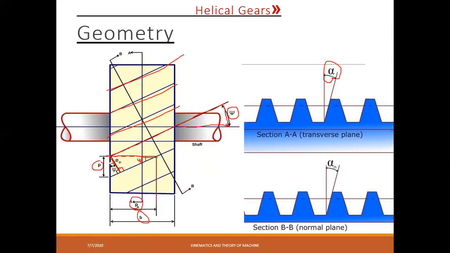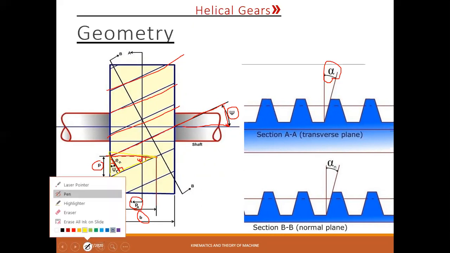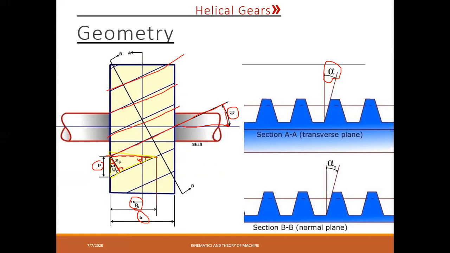Now we have to take this triangle for the relation of axial and circular pitch, right? For this triangle, this angle should be 90. This angle is psi, right?